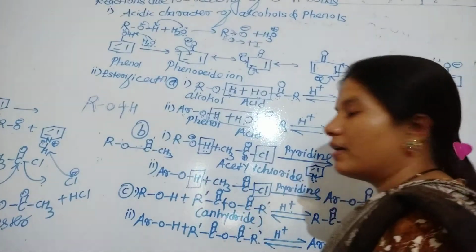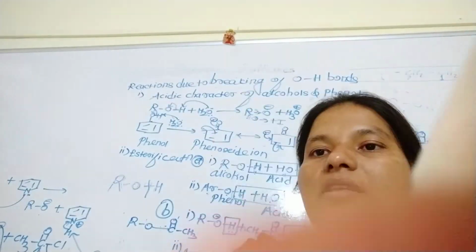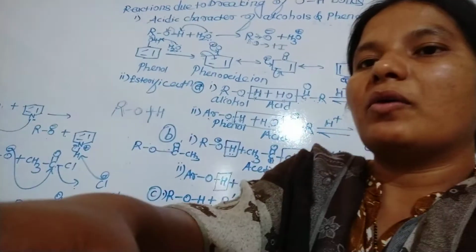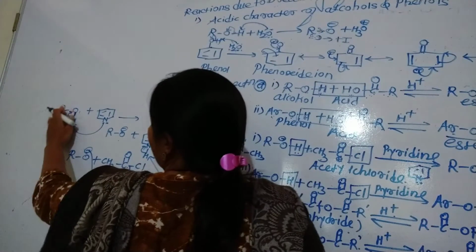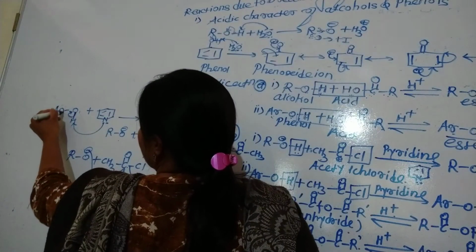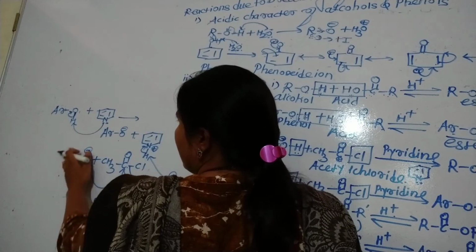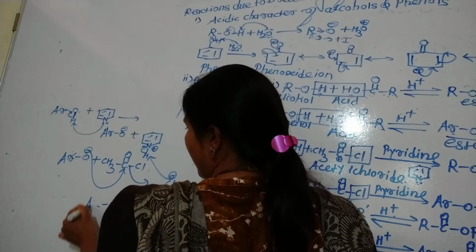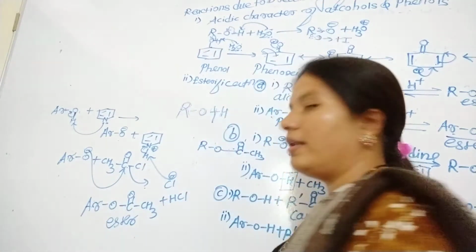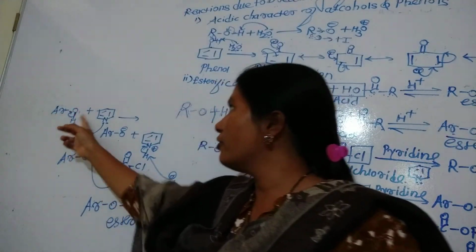You can see here, you can use an aromatic compound, not just alkyl. That means for phenol you can use Ar here, Ar here, and also Ar here. Except for an alkyl group, you can take any aryl group.